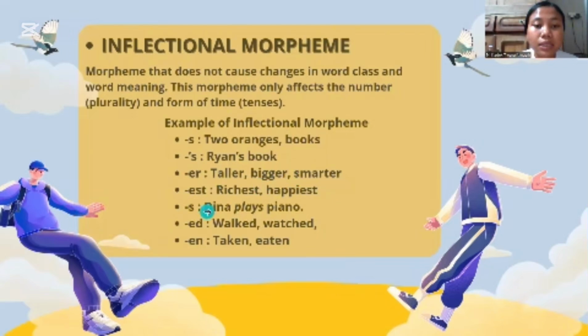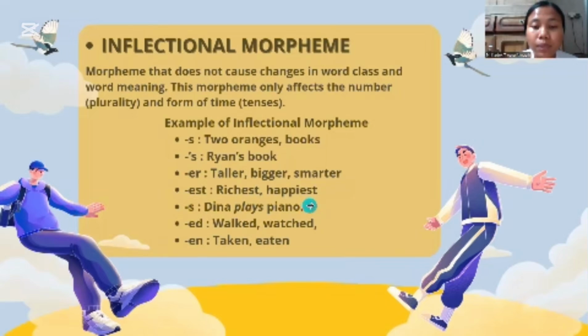And next is est, which is used to show the superlative, for example richest, happiest, and biggest.